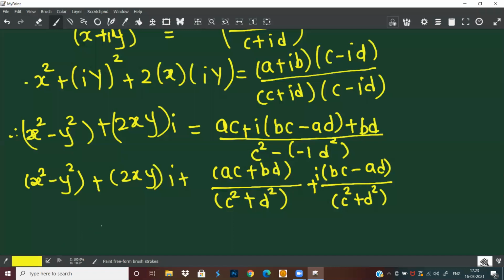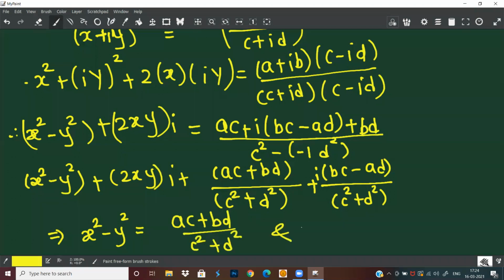That will give you x square minus y square as AC plus BD upon C square plus D square, and 2xy is BC minus AD upon C square plus D square.